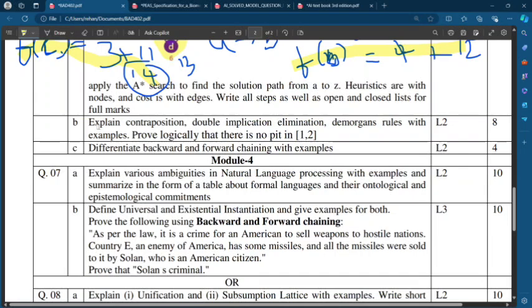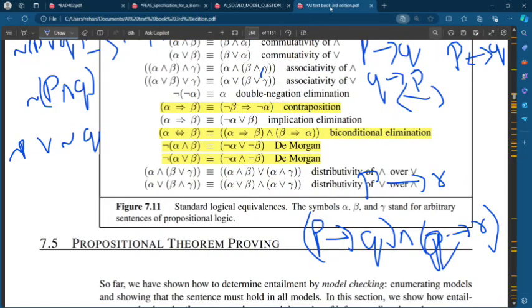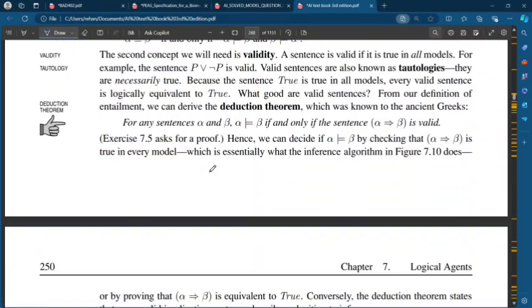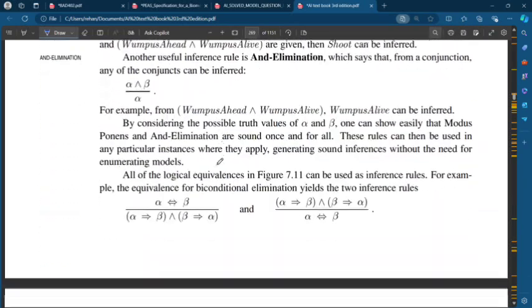Okay, I think I've done. Prove logically that there is no pit in 1 comma 2. This is not a simple thing. Let me go to the Wumpus world.